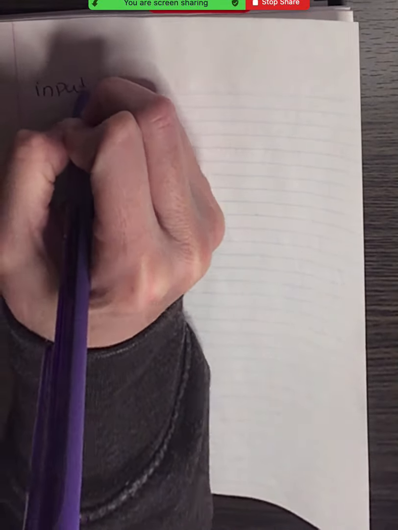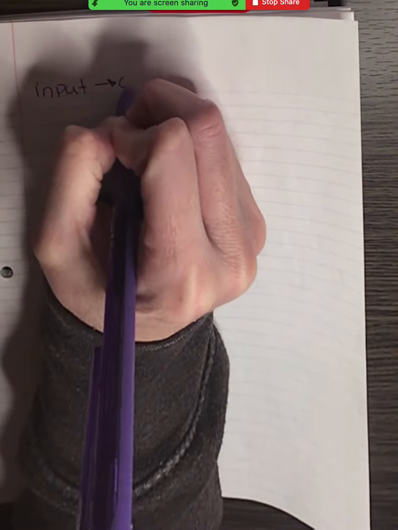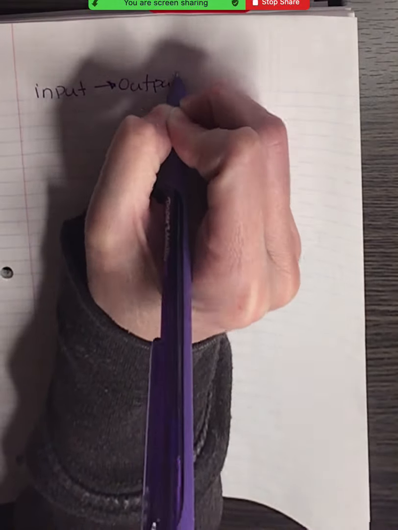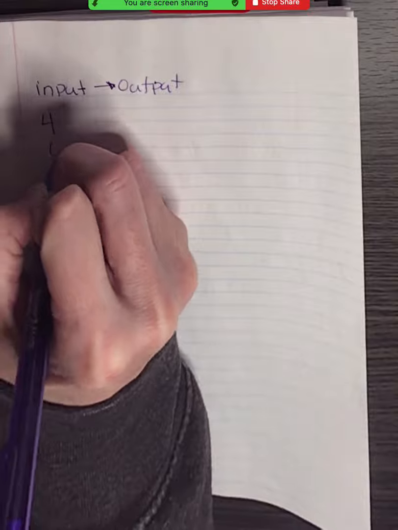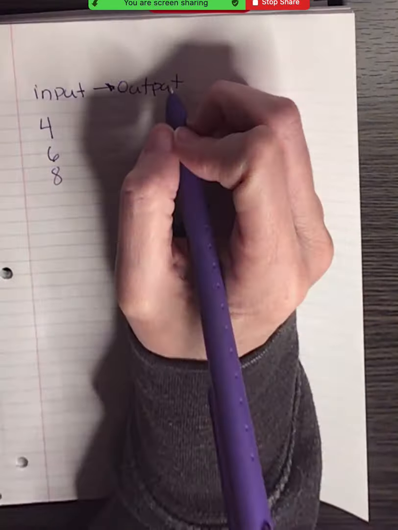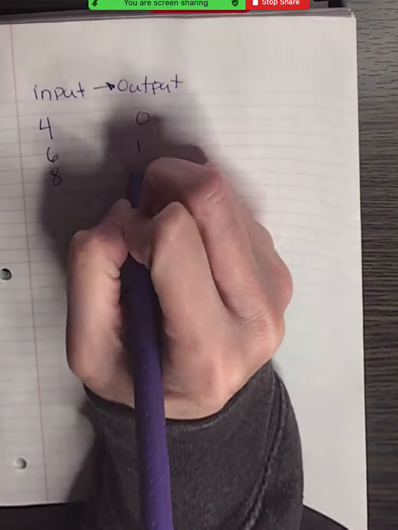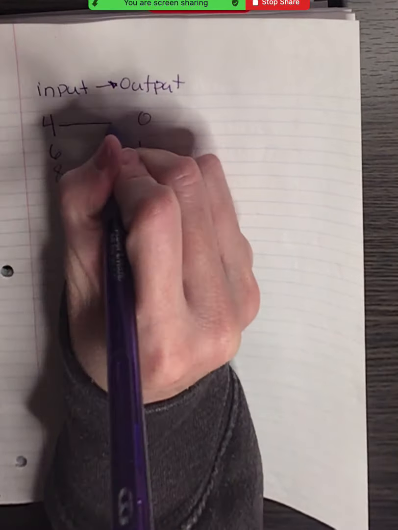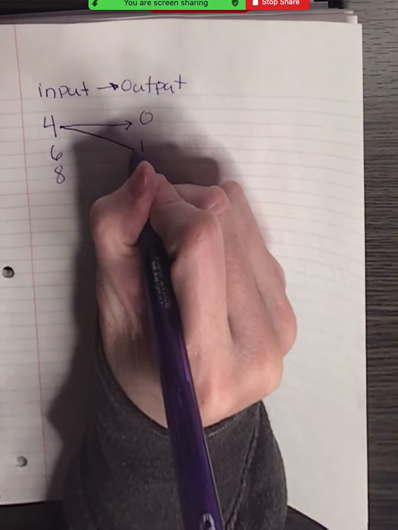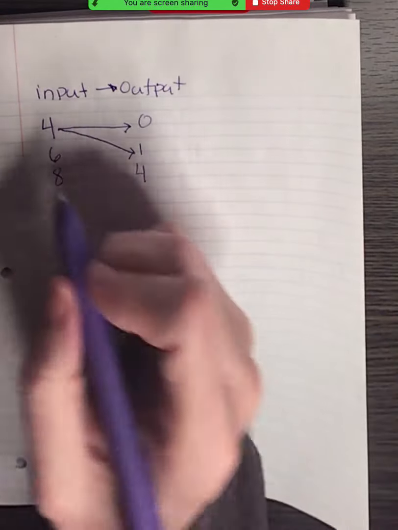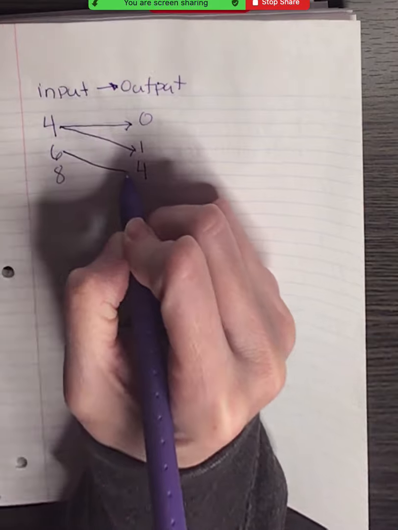So if this is my rule, these are the input values going to the output values. We have 4, 6, 8 as your input, 0, 1, 4 as your output. If I put 4 in, I get 0 out. If I put 4 in, I get 1 out. If I put 6 in, I get 4 out.